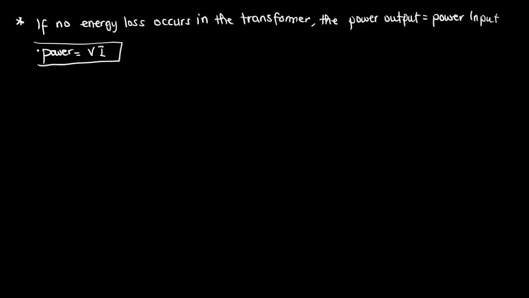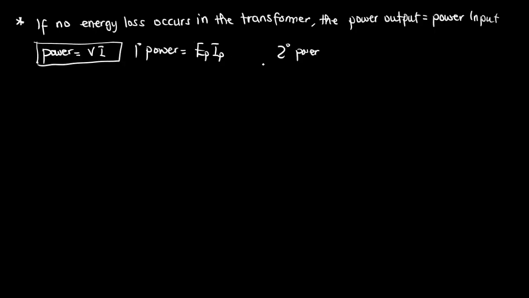Now in this case, voltage can also be EMF. If we are saying the primary power, the power in the primary coil, it will be EP IP. Then the secondary power, which is the output, the power output.